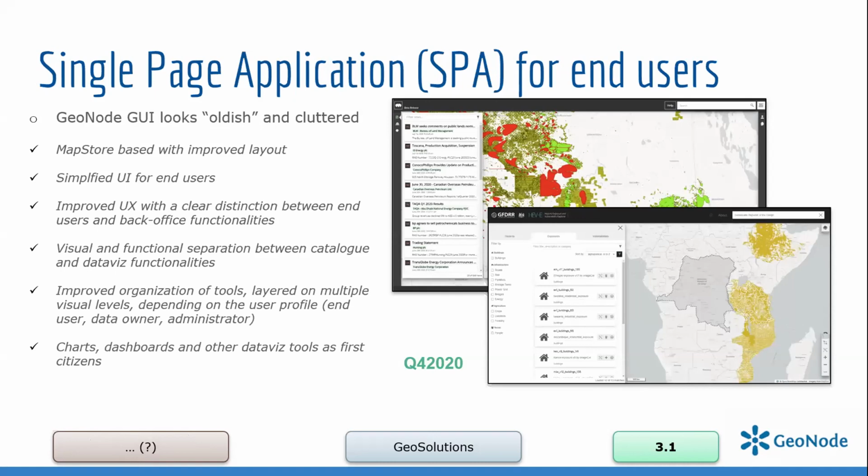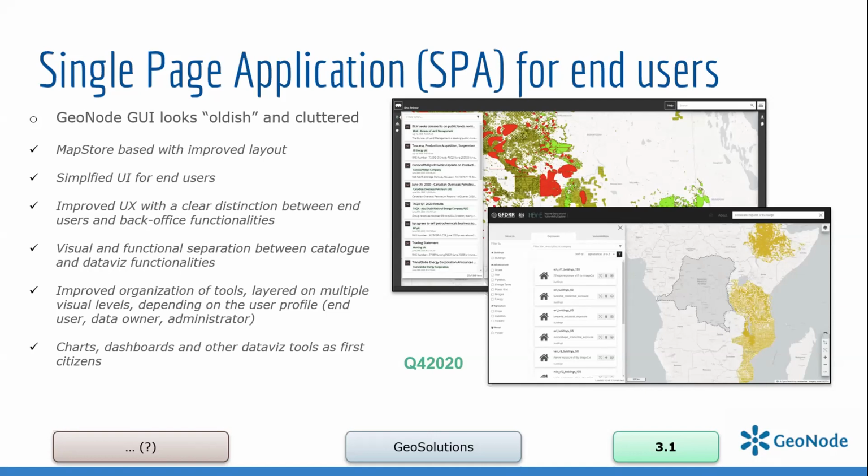Finally, the possibility of creating a real single-page application for GeoNode. Right now, the user interface of GeoNode is a bit old-fashioned. It's like a very old content management system where, in order to complete an operation, you need to physically change the page, click on a button and move to another page.